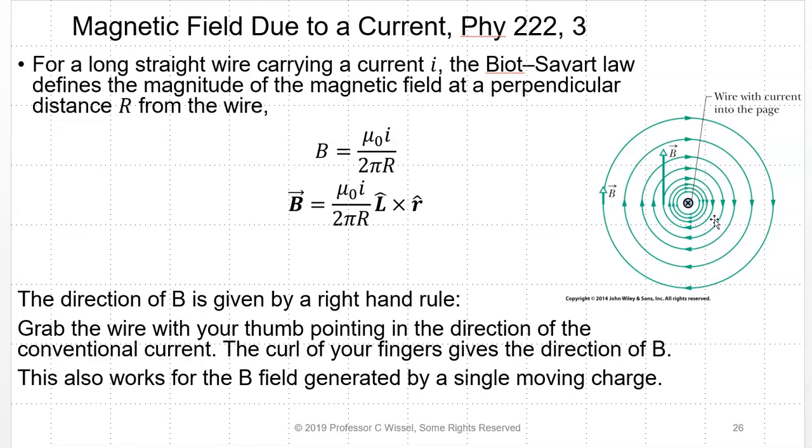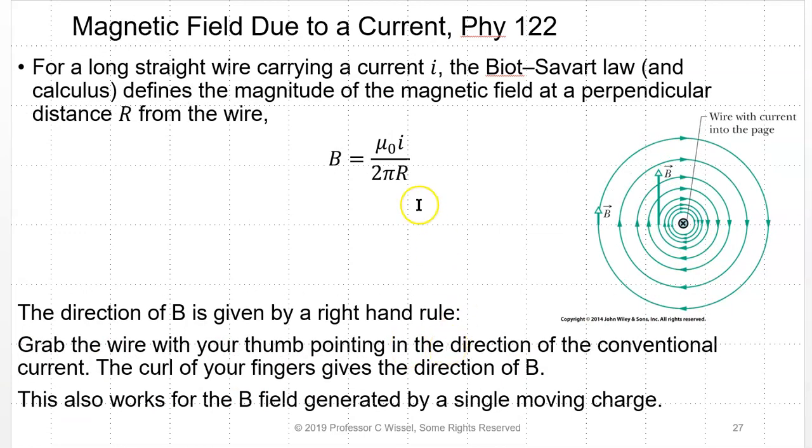Your thumb is coming out of the page, and you're still grabbing the direction of the charge motion with your hand. Note that your fingers are still going clockwise, so it forms concentric circles around the wire. Now, if you reverse the current, this direction would reverse. In other words, it would be going counterclockwise if the current was coming out of the page.